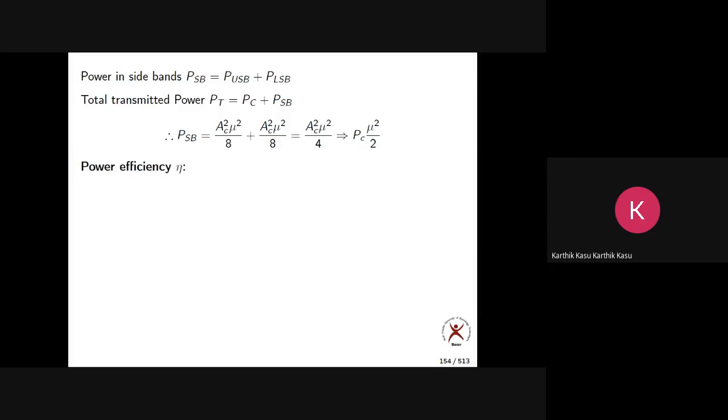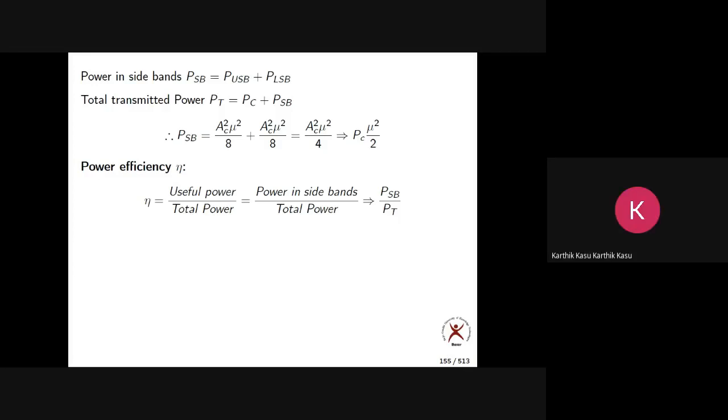Now let us go to the power efficiency. What is the formula for power efficiency? Useful power by total power, which is the power in the sidebands by total power, that is PSB by PT. How much is that? Can you tell me? It is PC mu square by 2.